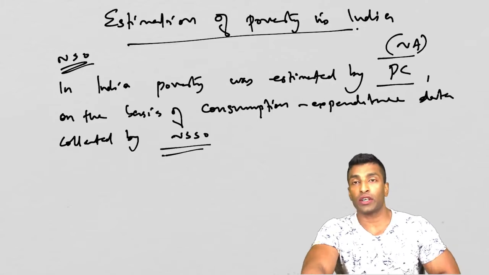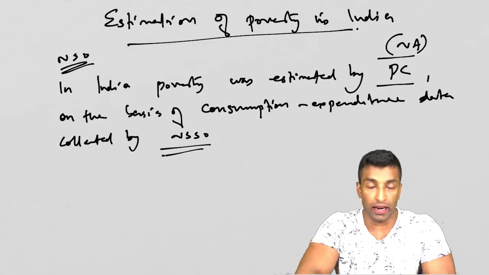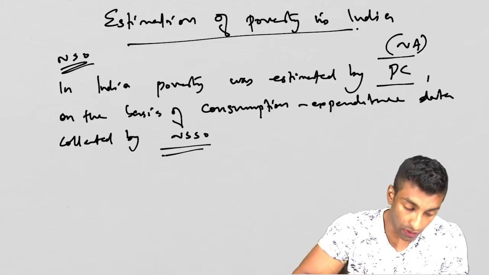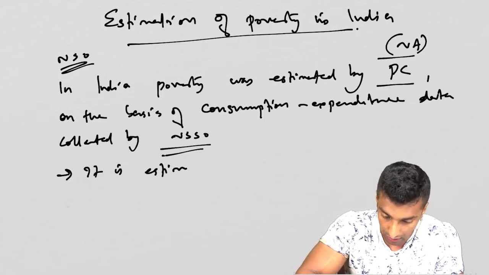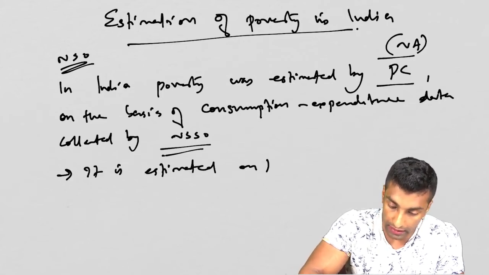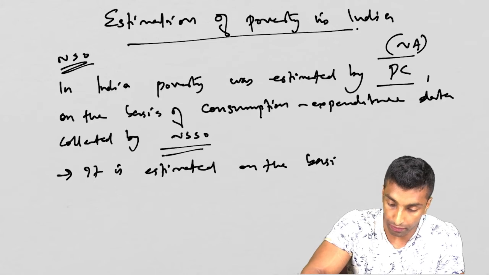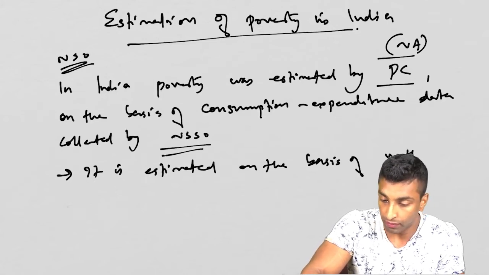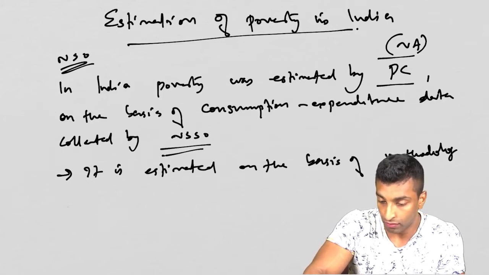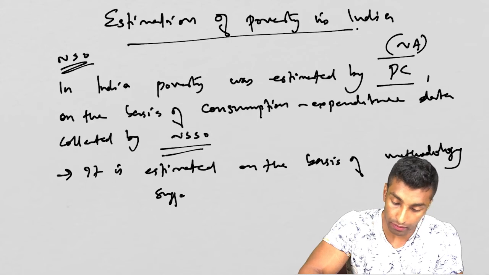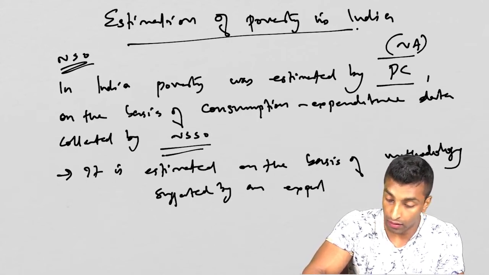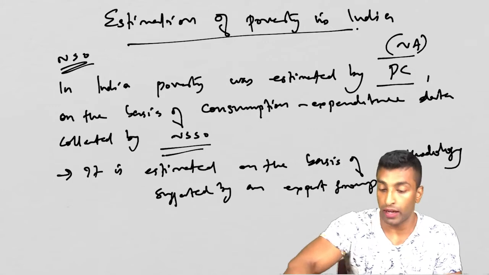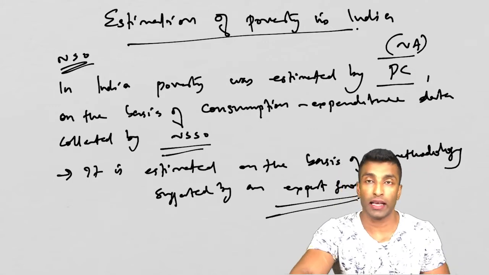So on the basis of consumption expenditure data which is collected by NSSO, you estimate poverty, and it is estimated on the basis of methodology suggested by an expert group. Okay, so we have to look into these expert groups.